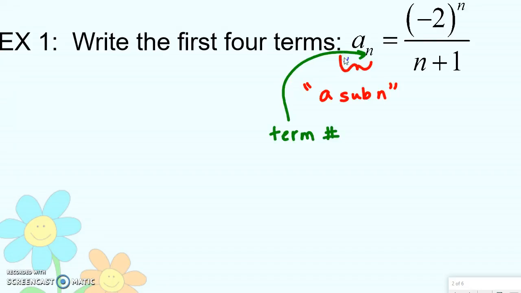If I want the first four terms, then I'm going to want A sub 1, A sub 2, A sub 3, A sub 4. So all I'm going to be doing is plugging in 1, 2, 3, 4 for n.